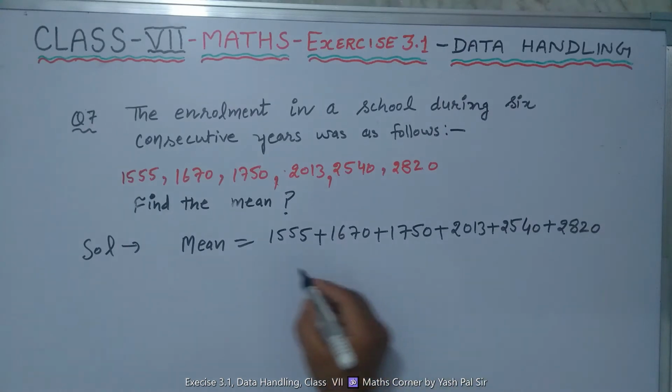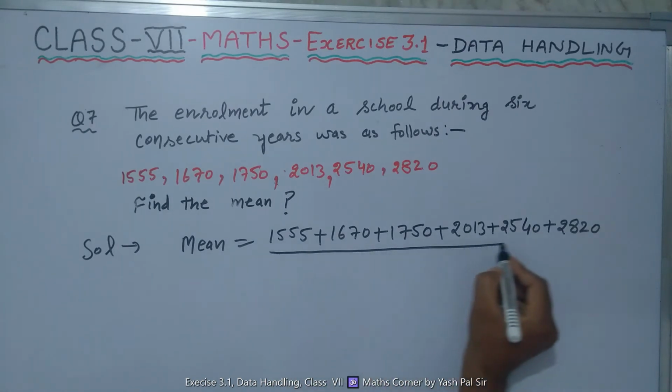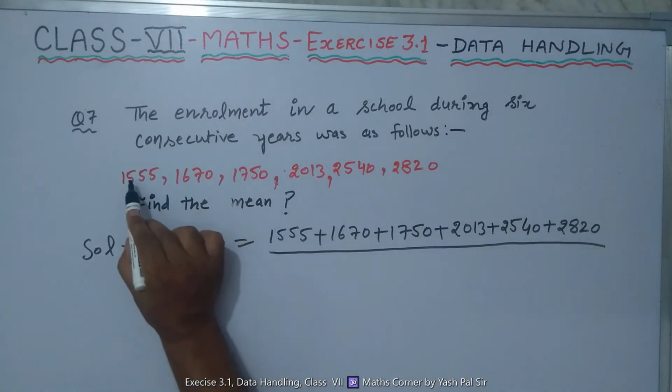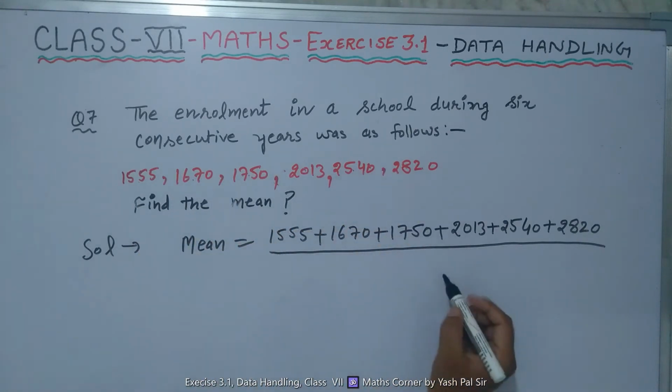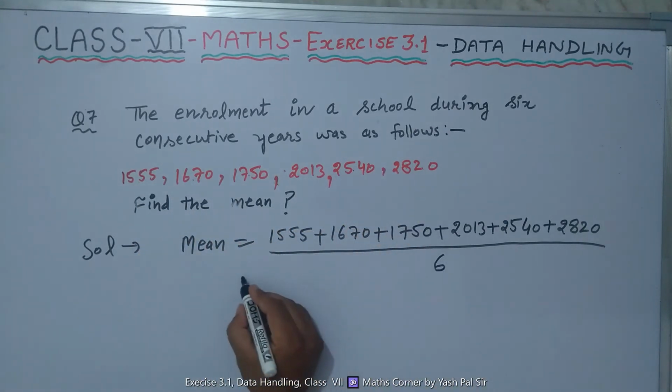So this way, dividing, how many years are there? 1, 2, 3, 4, 5, 6. We divide by 6.